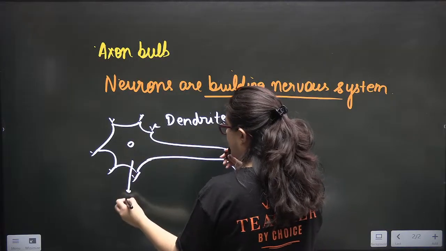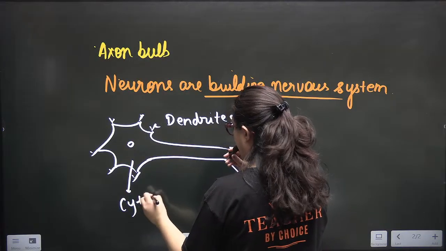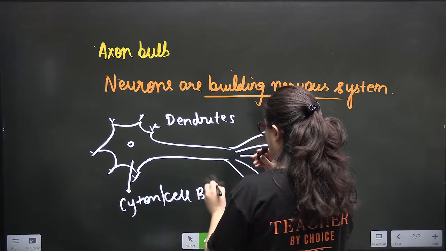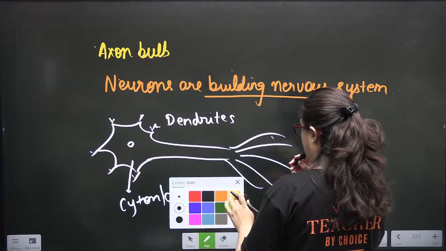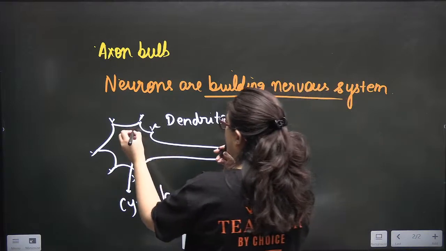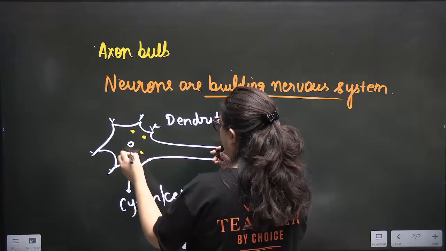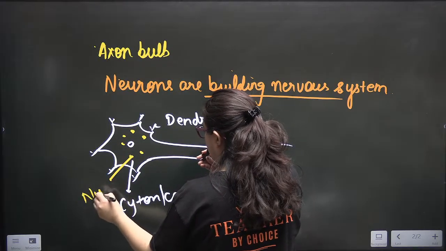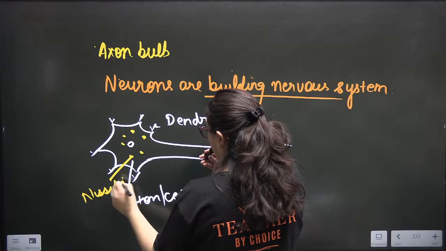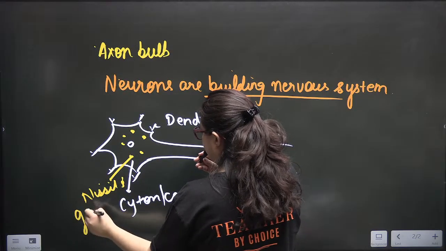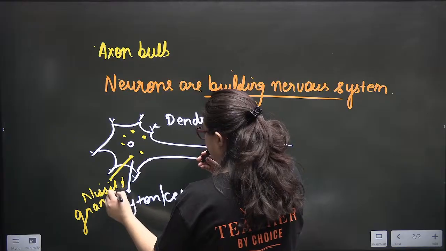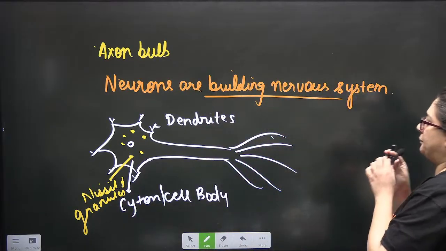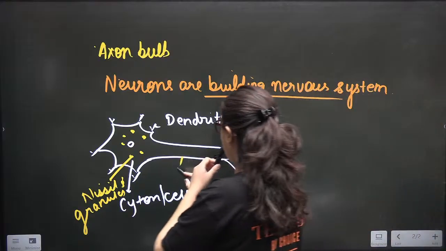This is cyton or cell body, blessed with granules. Okay. This is your axon.